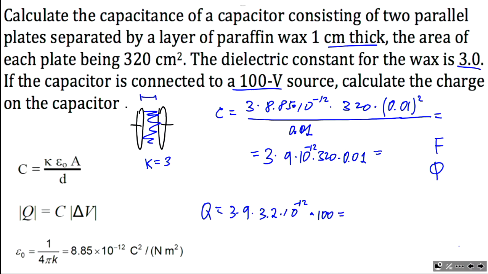So whatever number you will tell me for capacitance, for the charge, you just have to be same number with the shifted power. So what is the capacitance equal to?